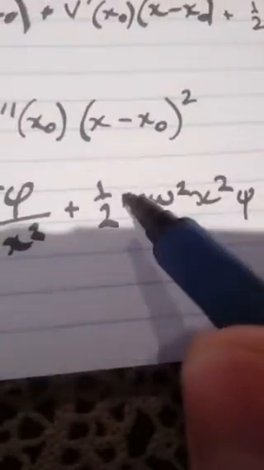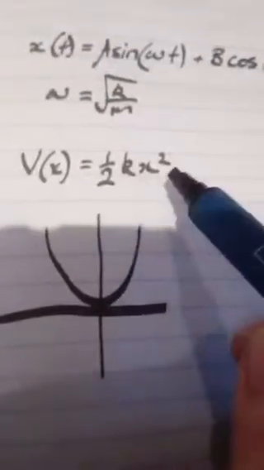That section there, half m omega squared x squared, is exactly like this one. We just swapped the k with omega. And that equals the energy of the wave. So there you go, now we've got that. Now let me turn the page so I can show you what we're doing next.